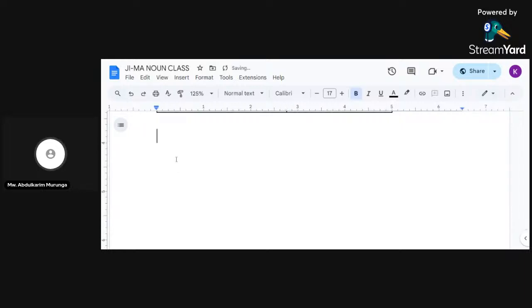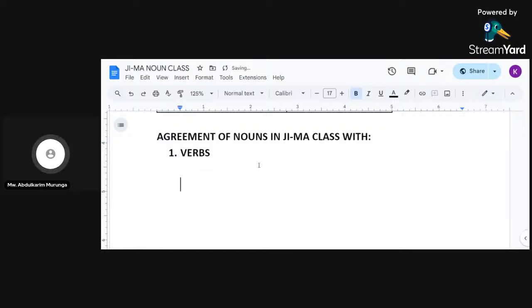What we learned here, agreement of nouns in the Gma class with verbs. Normally, for nouns in the Gma class, with the verbs we start with li in singular form, and ya in plural form.